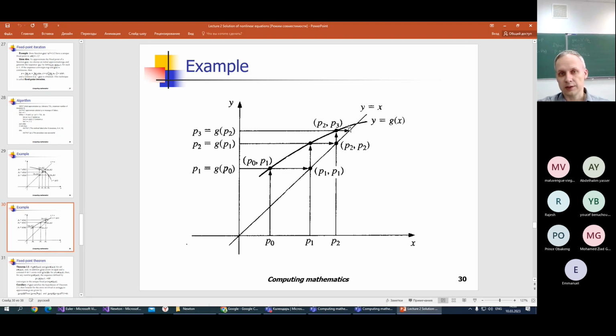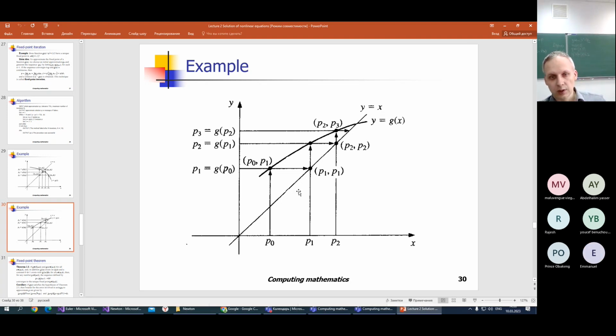Suppose that this is a function, and this is the line y equals x. We select the point P0. We take it as the first point.